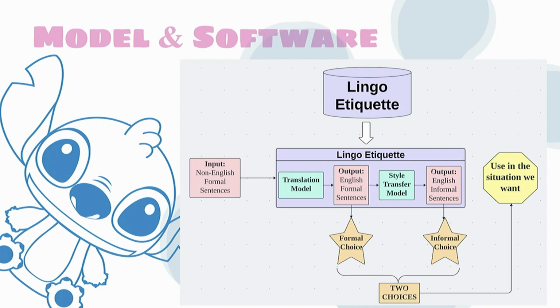Then the style transfer model will transfer the English formal sentences into English informal sentences, and this will be the informal choice of our model. By using our model, the users can get both formal and informal expressions together and use them in the situation they want.